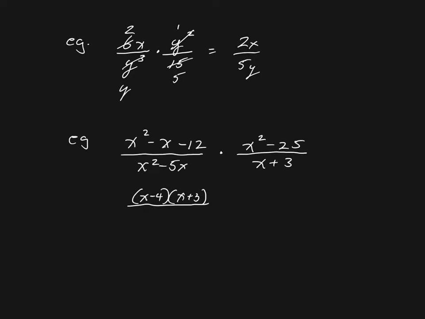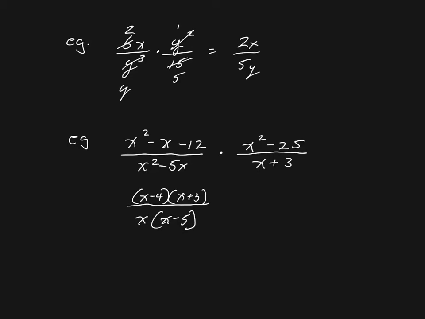So next one, the bottom. How do we factor the bottom one? Tommy's not here. Hi, Tommy. Gabby, how about the bottom one? X squared minus 5x. X times x minus 5. And then x plus 5? No, on this one you don't have to do that.